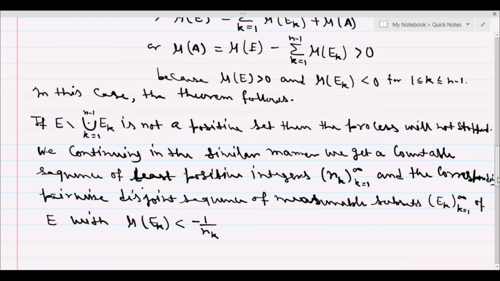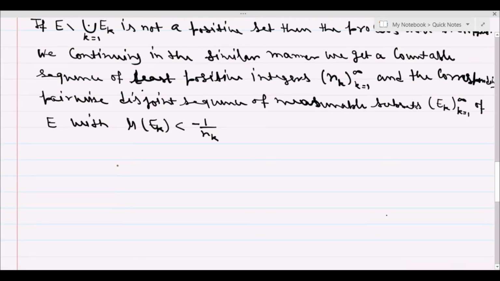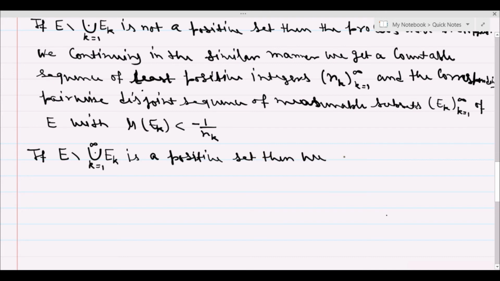Okay, so if E minus union k is equal to 1 to infinity ek is a positive set, then we take A to be E minus union k is equal to 1 to infinity ek.